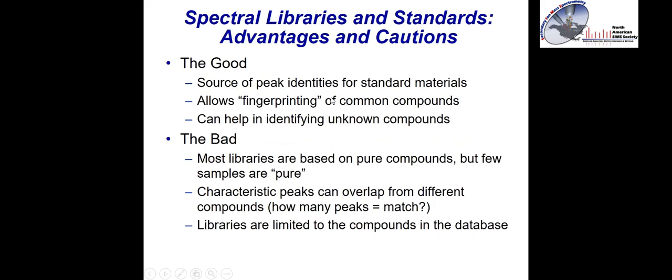So I mentioned spectral libraries. These can be good for identifying some standard materials, fingerprinting, and identifying some unknown compounds. But the bad thing about spectral libraries and standards is they're usually based on pure compounds, but most things aren't pure. And you can also find that characteristic peaks can overlap from different compounds. So this can become problematic.